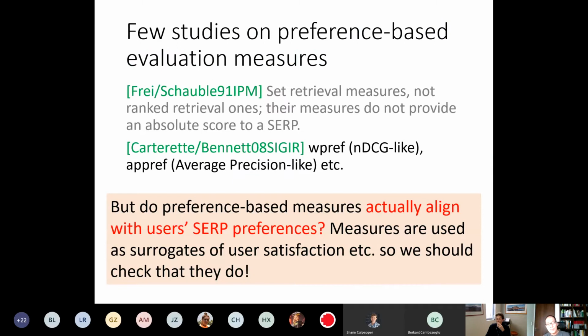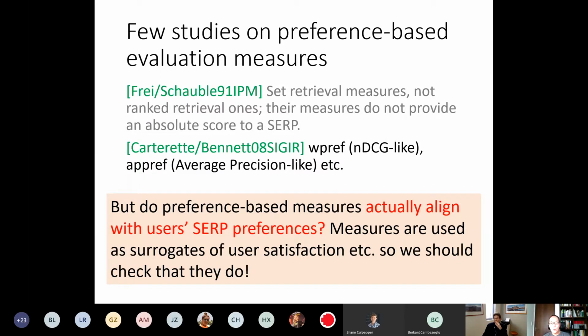So actually, Ben and his colleagues were not the first to propose preference-based measures. At least I found this 1991 IPM paper, which actually proposes preference-based evaluation measures. But I found that these measures are set retrieval measures, not ranked retrieval measures.